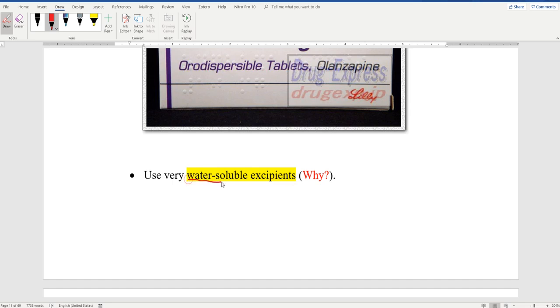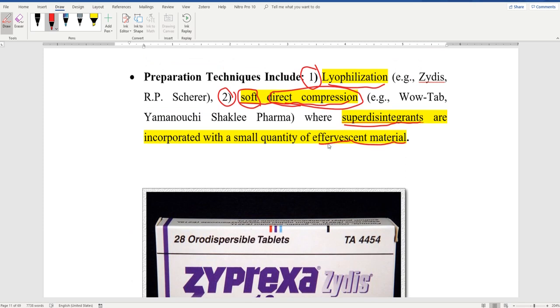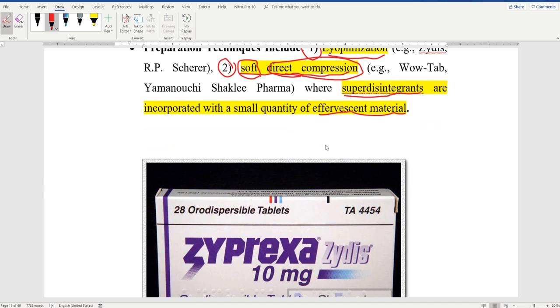Okay, the question is why excipients, meaning other than the drug that I use, must be water soluble. Of course the reason is when I put the tablet on the tongue, I don't want anything to prevent water, saliva, from getting inside. So everything must be what?